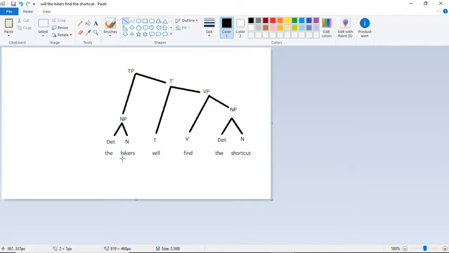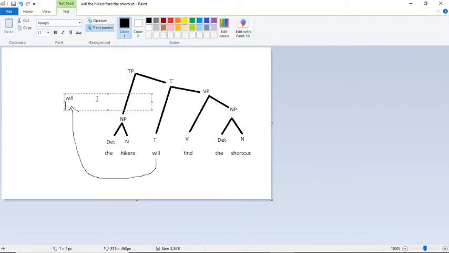But anyway, for our purposes, it's just inversion. All right, so what I need to do is have this will invert. So by moving it to the far left, we'll essentially invert its position with the hikers. But I need a place for this will to land. So I'm just going to write will over here. All right, and will is going to be a T.